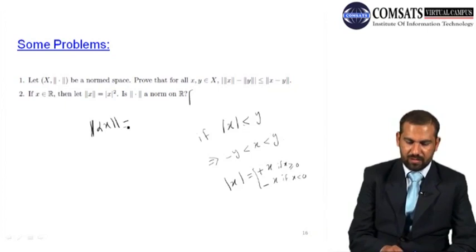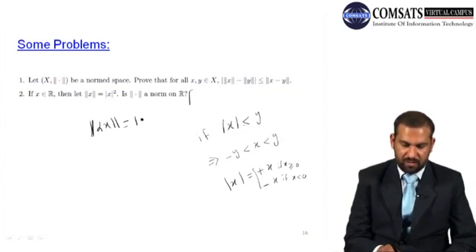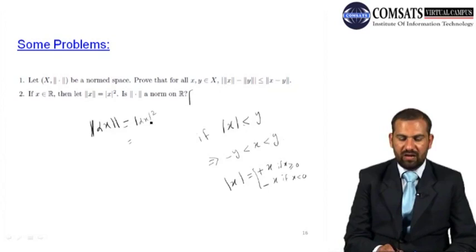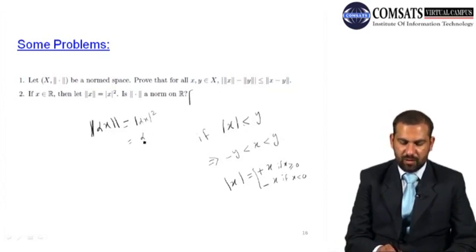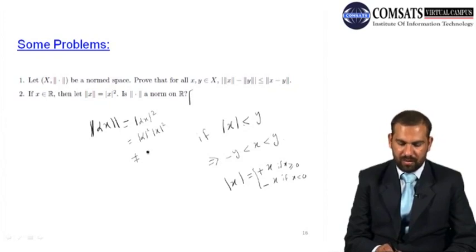According to this rule, it is the alpha x square, and we know that the mod of alpha x is the same as the mod of alpha square and the mod value of x square, but that is not equal to the mod of alpha times the mod of x square, which is the norm of x.